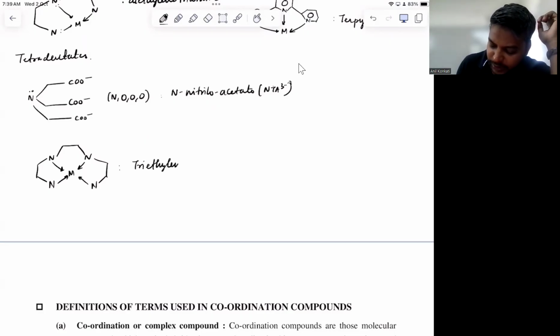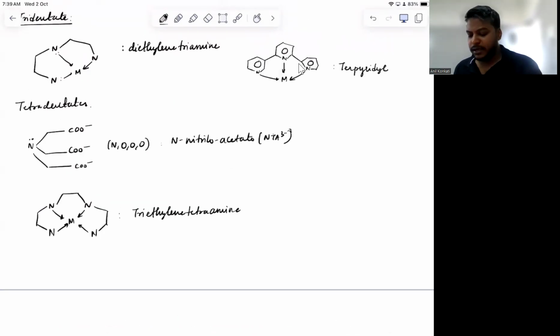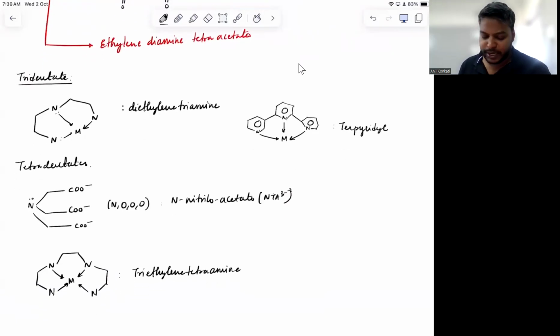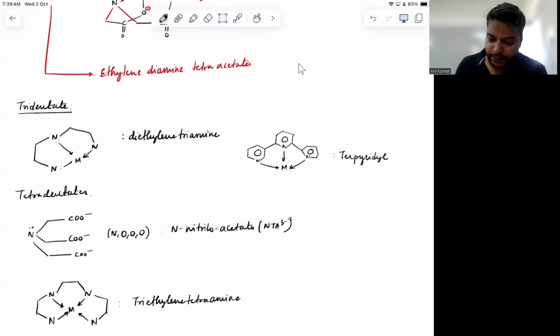Triethylene tetraamine. So these are a few tri and tetradentates which you need to look into. Clear? Next.